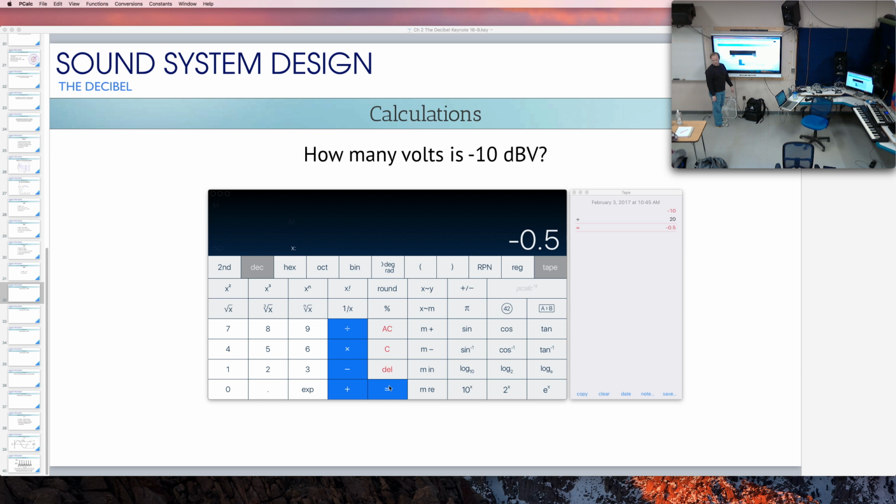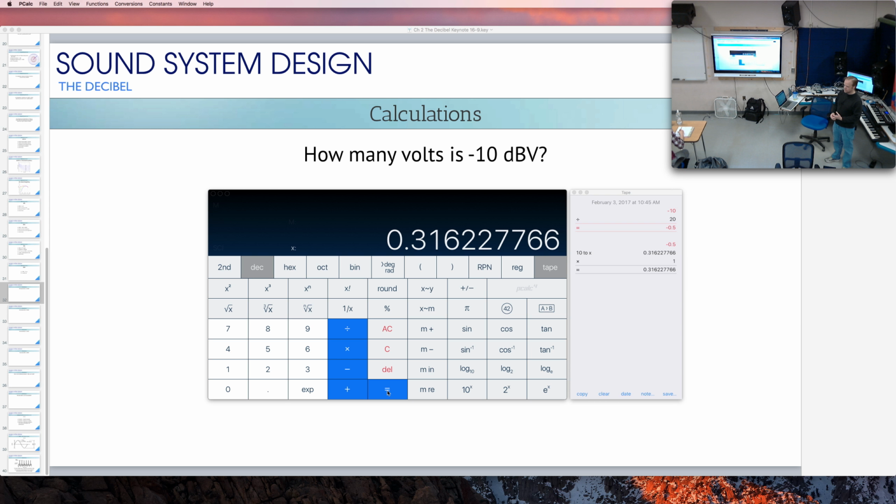I get negative 0.5, right? And I'm going to hit my 10 to the x button. And then I'm going to say times the reference level for dBV. And the reference level for dBV is? 1 volt. So times 1 equals 0.316 volts. So minus 10 dBV is 0.316 volts.